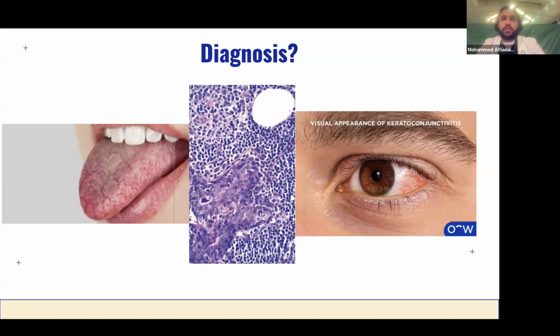In most autoimmune diseases, ANA will be positive, which will tell you this patient has some sort of autoimmune disease. Then you go into the specific antibodies. For Sjögren, you have SSA (Ro) and SSB (La) antibodies. These are very important antibodies.